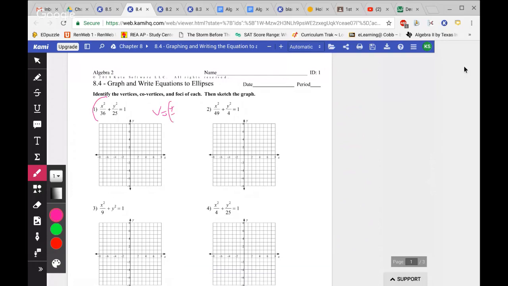So it's plus or minus the square root of 36, which is 6, 0. So my vertices are going to be here. And then my co-vertices are going to be on the y-axis, and it's going to be the square root of 25. So the co-vertices are 0, plus or minus 5.